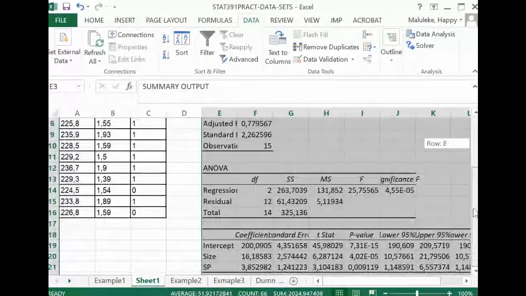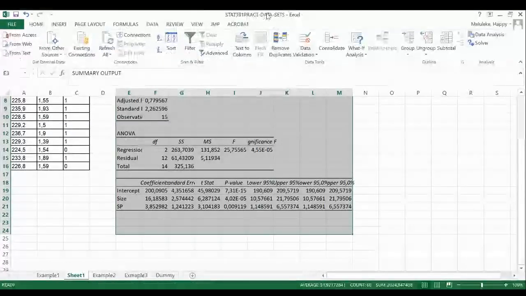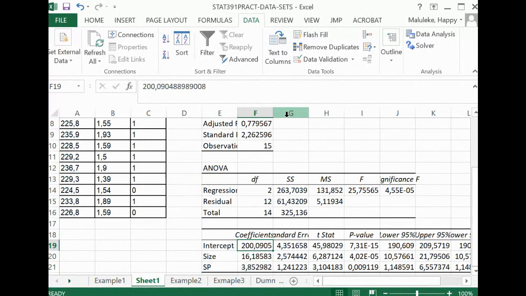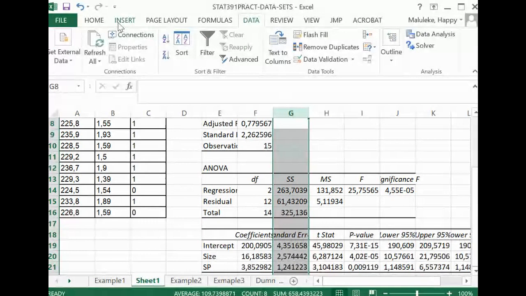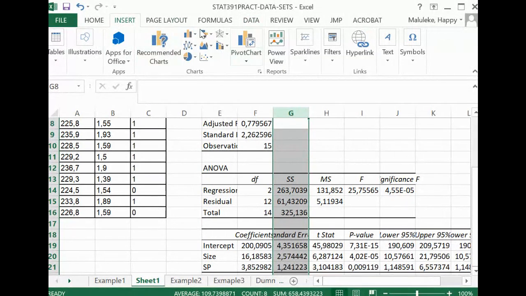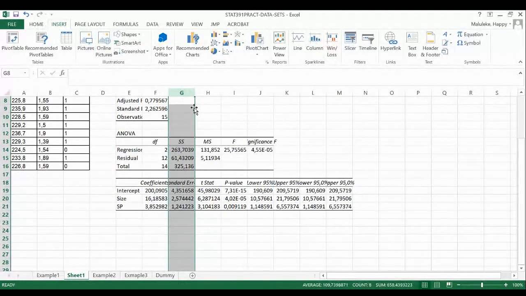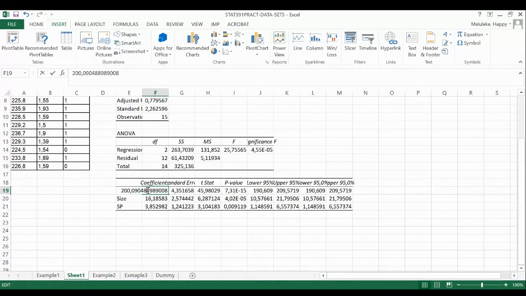So this is our model. The first value here is B0.